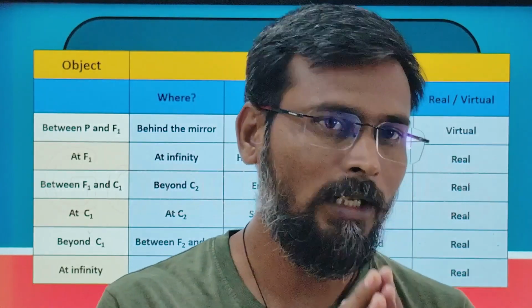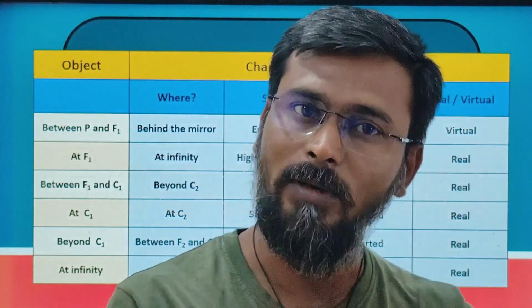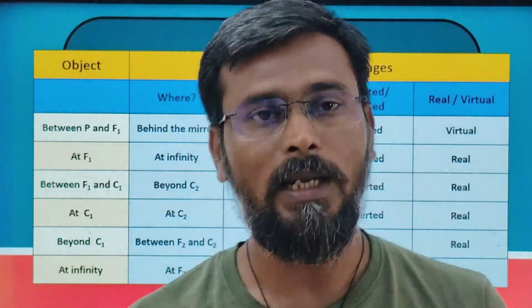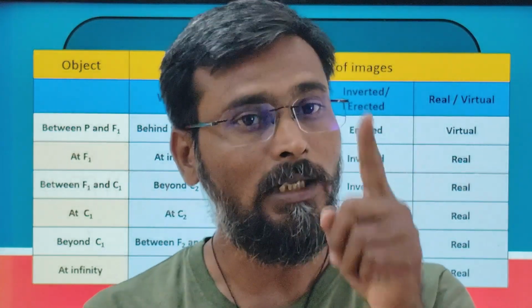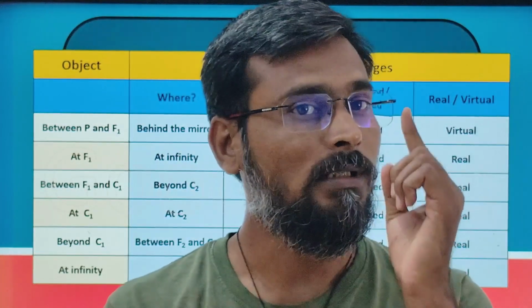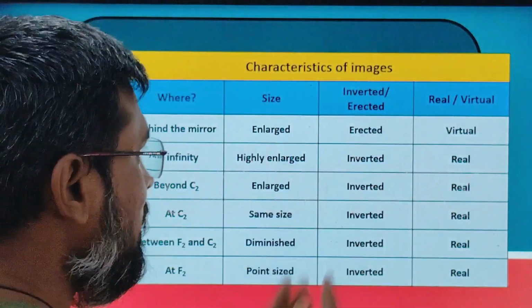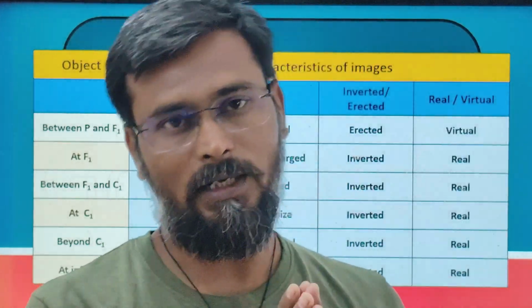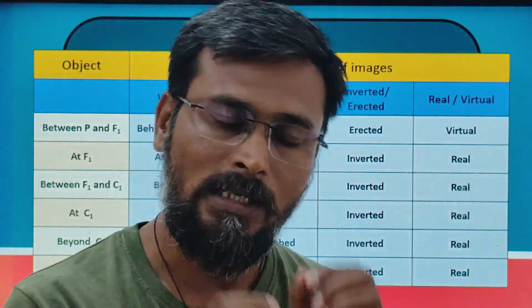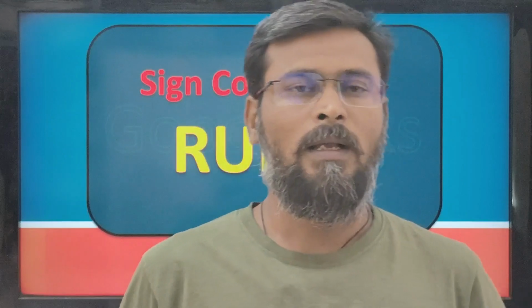Then come back and see this video. Check whether you are filling the table correctly or not. So this is how you need to learn the characteristics of images formed by a convex lens in first lesson, concave mirror. Same characteristics and the way of learning I just told you.